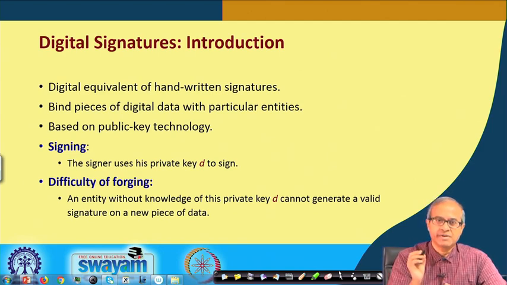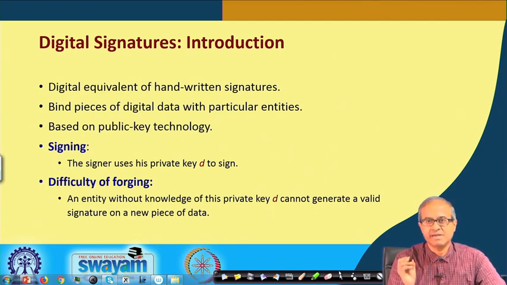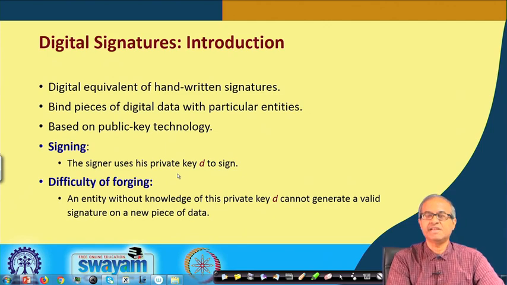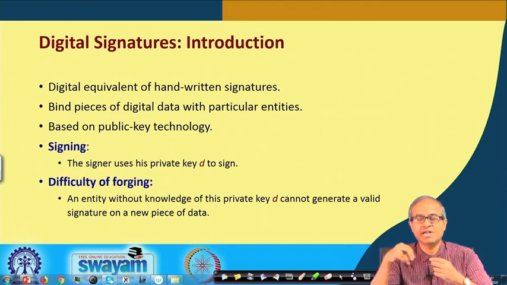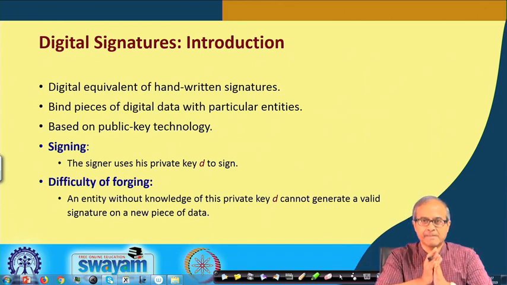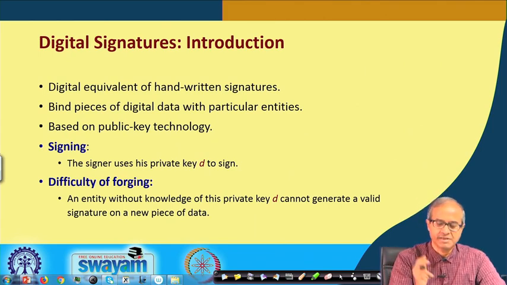Now, digital signature technology is based on public key technology, because of the nice property of public key algorithms like RSA we have seen. If I sign with my private key, then anyone in the world can decode it using my public key. That is the good thing.